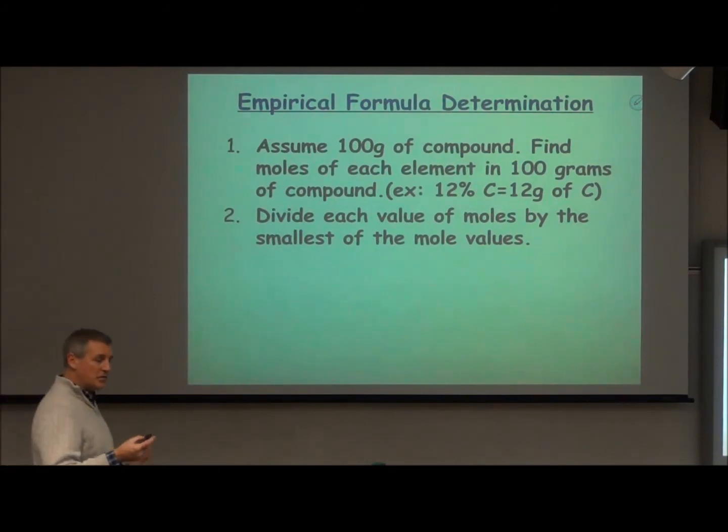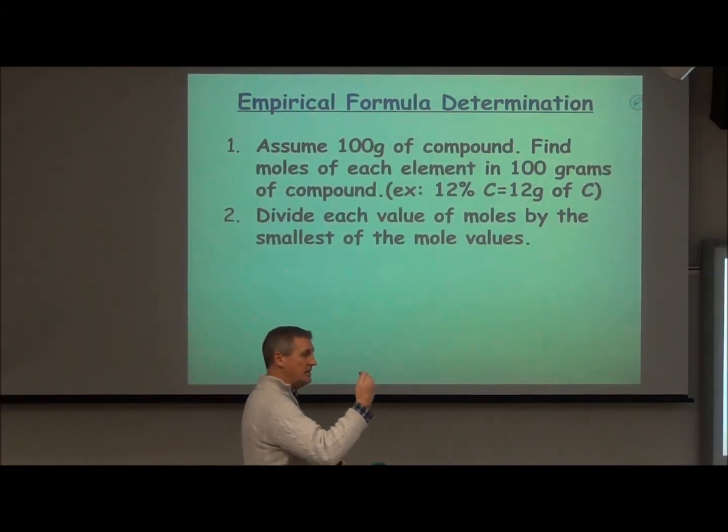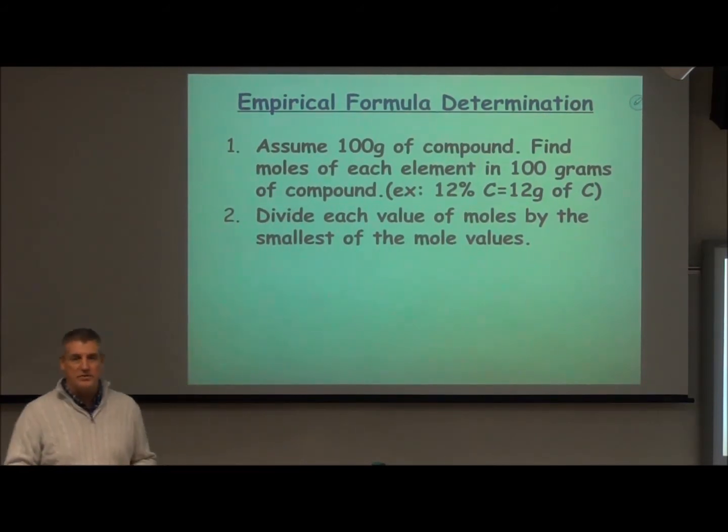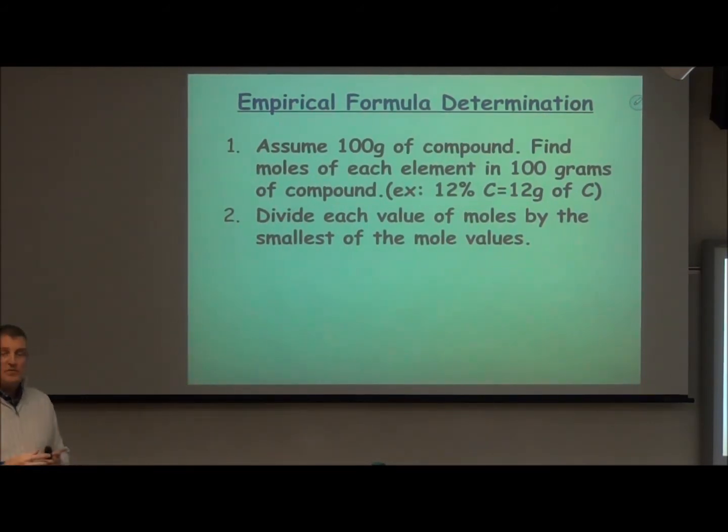We're going to take that smallest number of moles and divide it into all of our other values, including the smallest number of moles. So whichever is our smallest number of moles, when we divide it by itself, that's going to give us 1. Everything else is going to be something bigger than 1.